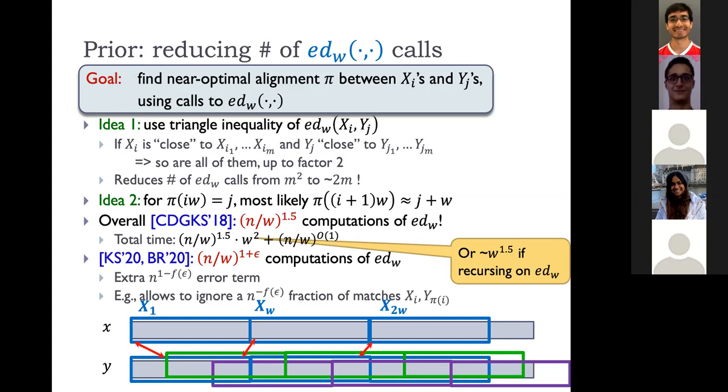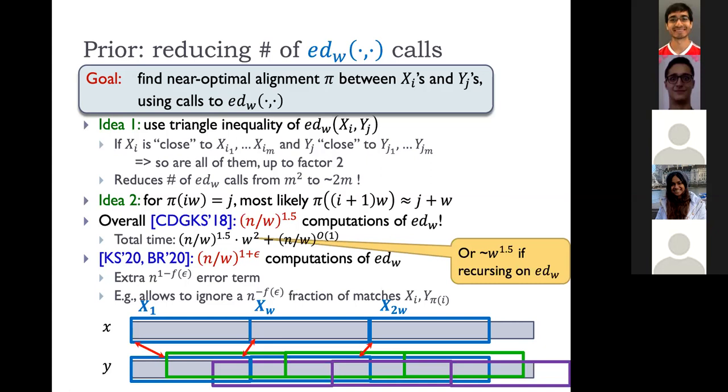But remember that idea zero already gave an additive approximation just because we had to round the starting positions in Y. There is also an additional error term, roughly corresponding to the idea that, once I am allowing myself to have an additive approximation, then I actually can ignore, or in a sense fail to find, a lot of the matches in this optimal alignment, right?